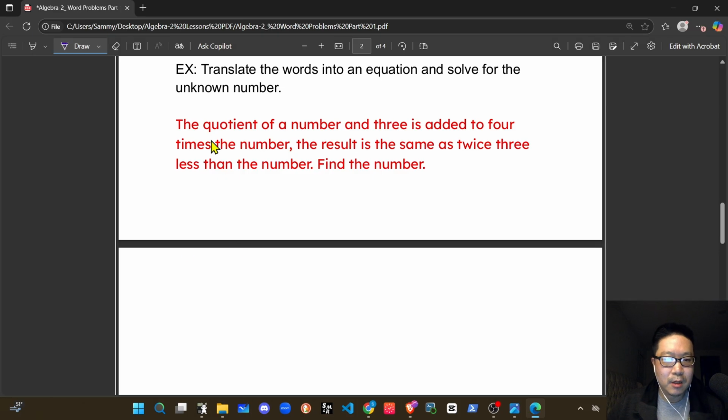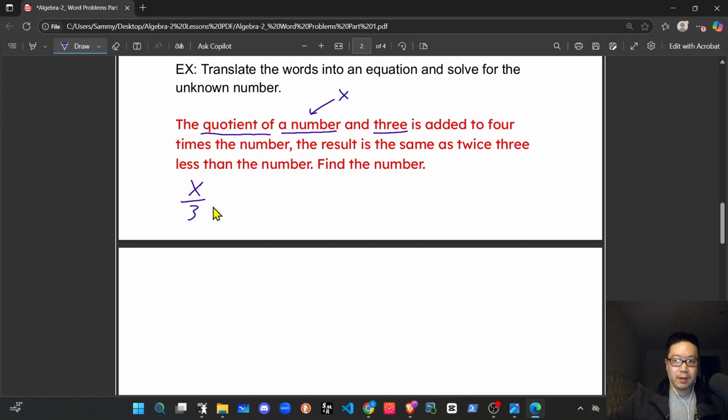Well, we just learned that quotient of refers to division, and a number refers to our unknown, or x. So if it says the quotient of a number and 3, then we have x over 3.